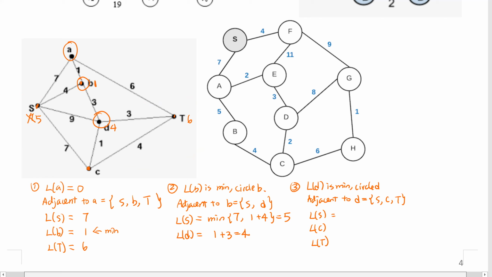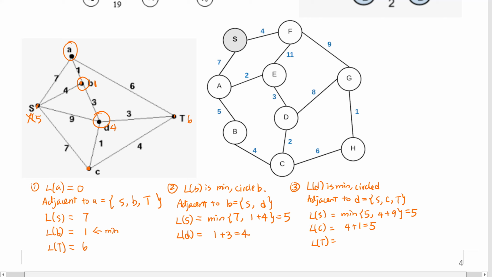Well, S is the minimum of what we had before, 5, and now if it's passed through D, D is 4 and the edge between them has weight 9. Okay, the minimum is still 5. C is now 4 plus 1, which is 5.